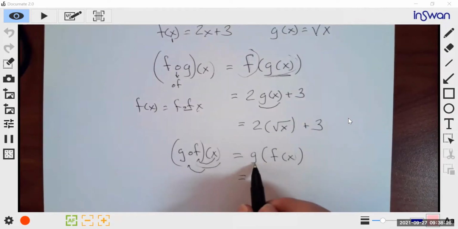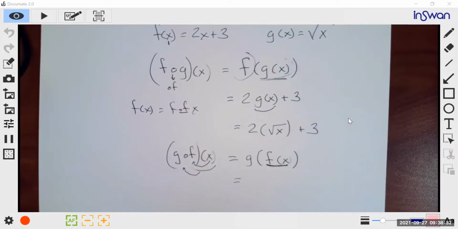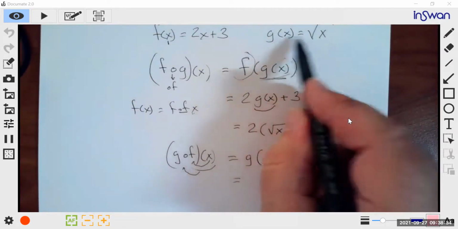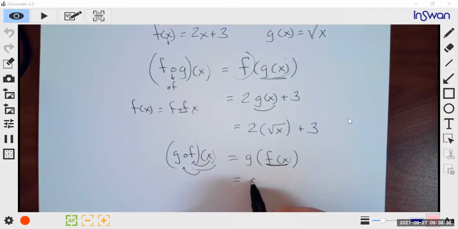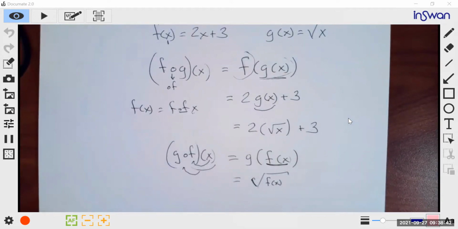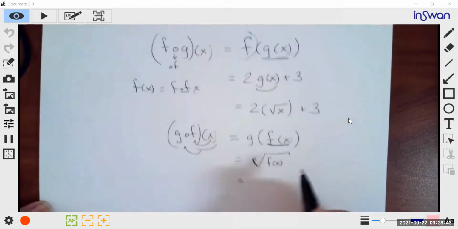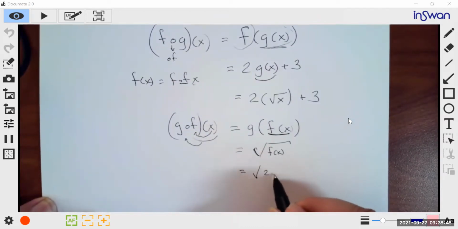So in our g function, anywhere we see an x, replace it with f of x. So anywhere we see x, put f of x. And f of x equals 2x plus 3.